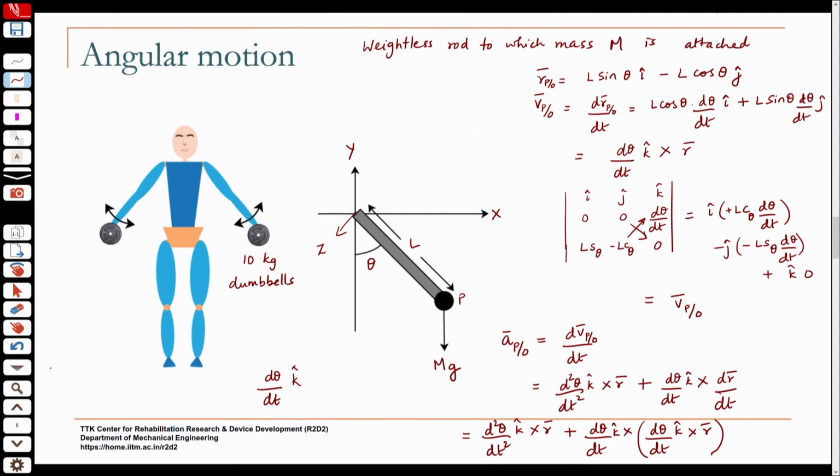If I denote d theta by dt as omega and d square theta by dt square as alpha, I get the acceleration of p relative to O as alpha cross r plus omega cross omega cross r. We will continue in the next class.